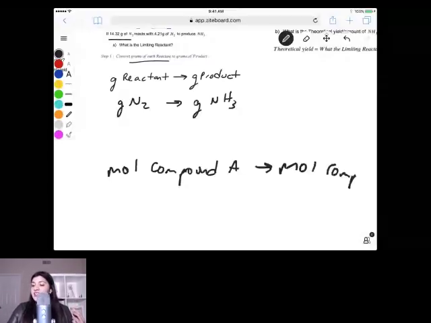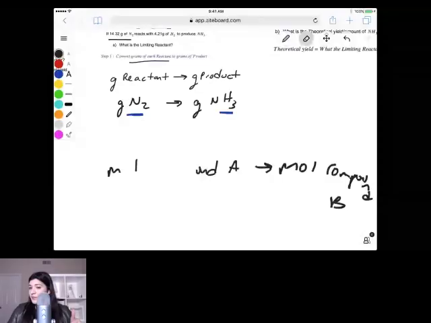That's how I instantly knew, because these are completely different compounds. Since I was going from grams of N2 to grams of something completely different, NH3, boom, convert to moles. Does that help, guys? I'm going to keep going with that.